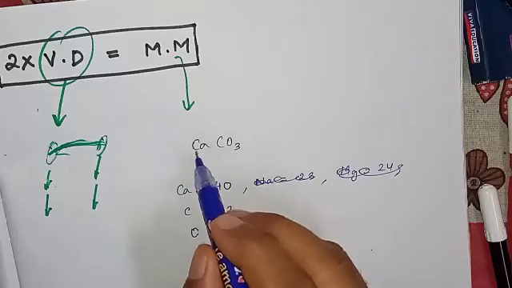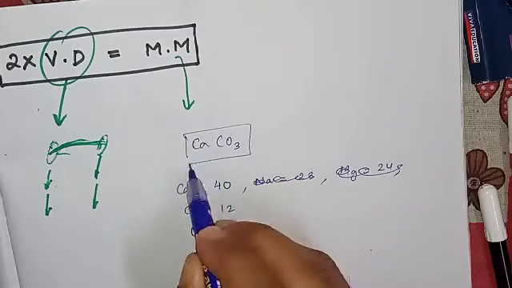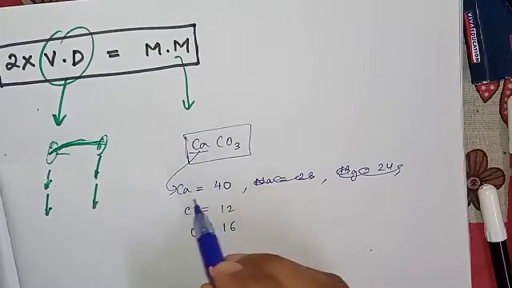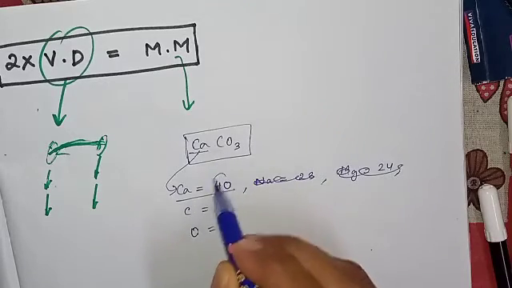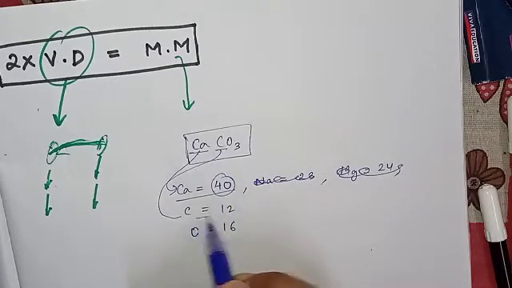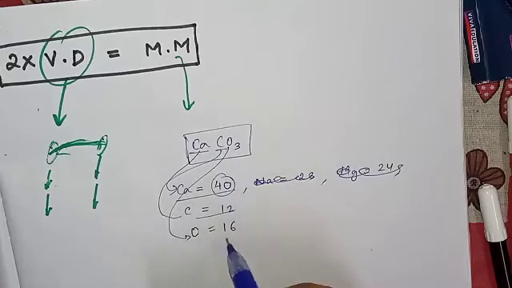So we have basically three elements in this molecule of calcium carbonate: calcium, carbon and oxygen, and the atomic mass of each is provided.